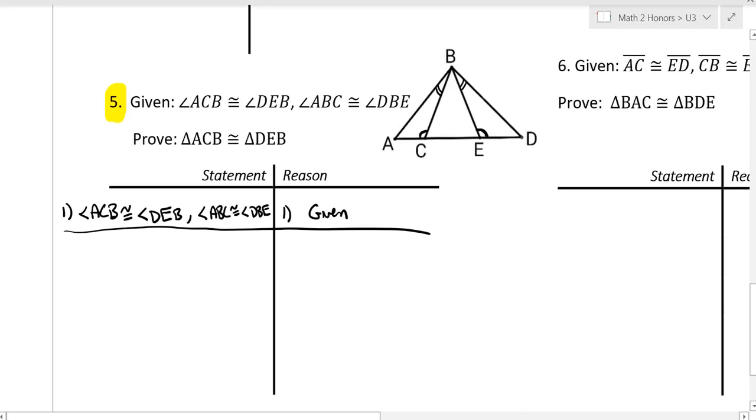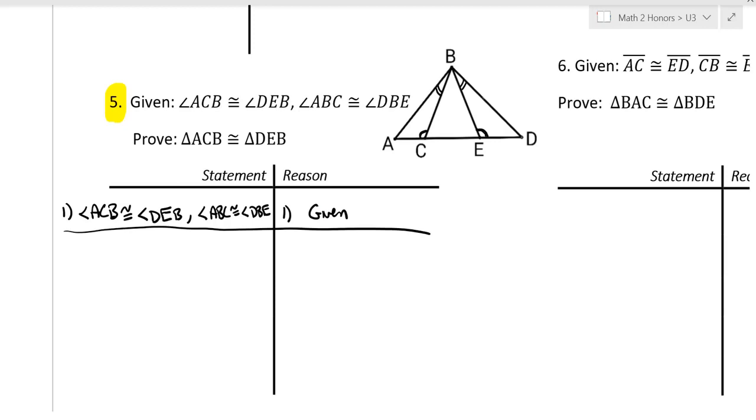And right now all we have is two angles congruent to two angles. And the only way to prove those triangles are congruent is to get a side congruent to a side. So at first it may seem like, how in the world can we get a side congruent to a side? Well, we're learning about the isosceles triangle theorem, the converse of the isosceles triangle theorem.